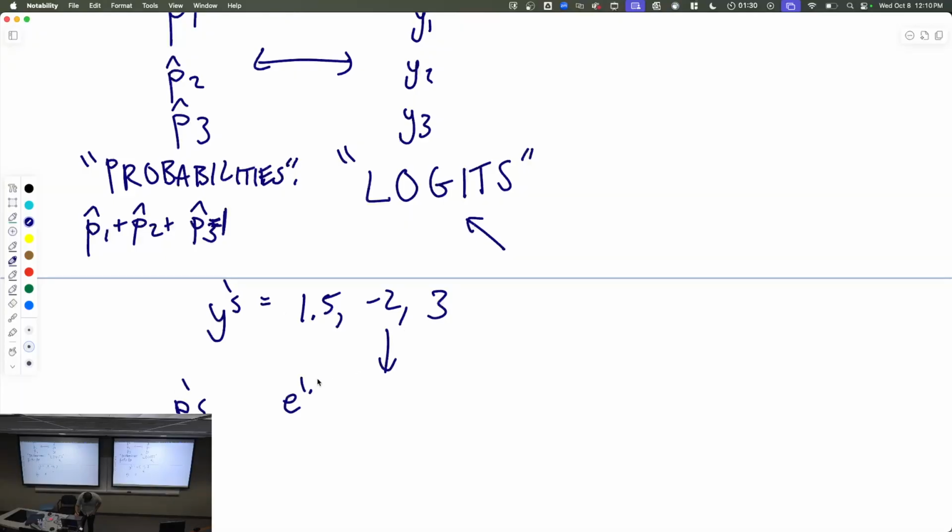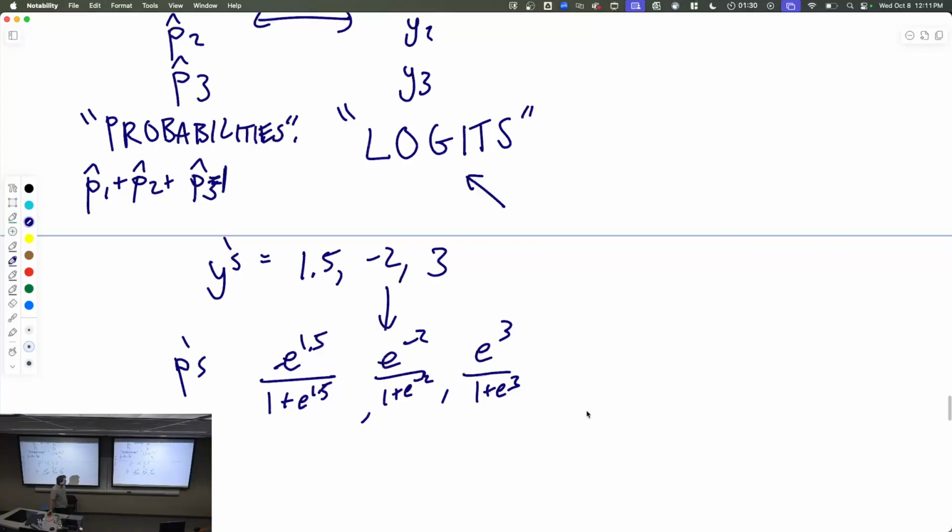You would get e to the 1.5 divided by 1 plus e to the 1.5, e to the minus 2 over 1 plus e to the minus 2, and e to the 3 over 1 plus e to the 3. And those do not sum to 100%. The problem is the denominators are all different. So you have these 3 different denominators, so you add up p hat 1 plus p hat 2 plus p hat 3, and they don't add up to 100%. So unfortunately, that one is also wrong.